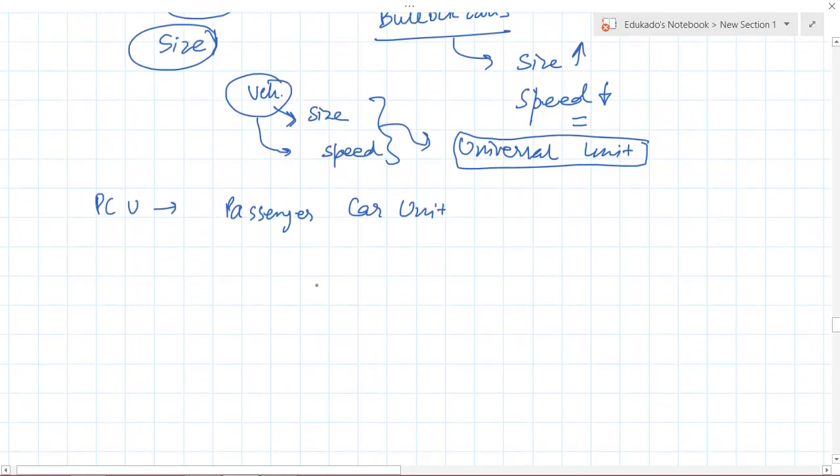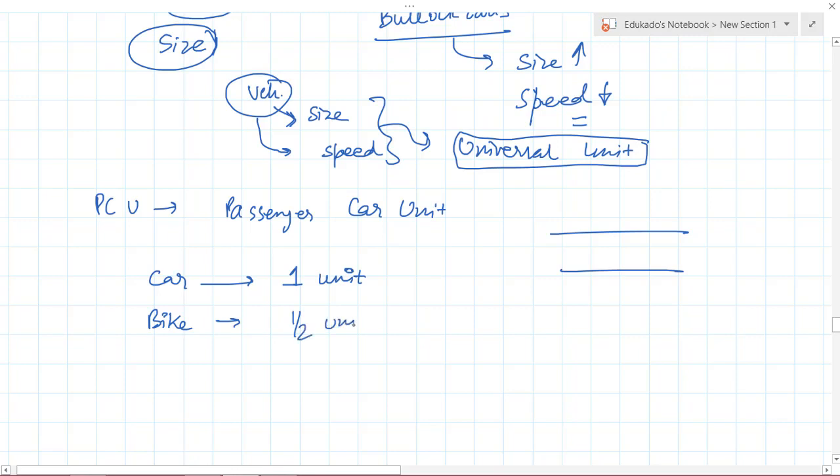You can understand it like this: if a car takes 1 unit of space, according to its speed and dimensions, in some road, just a homogeneous unit, then the bike takes about half of the unit covered by the car. Now what if I call in the bus or the truck?